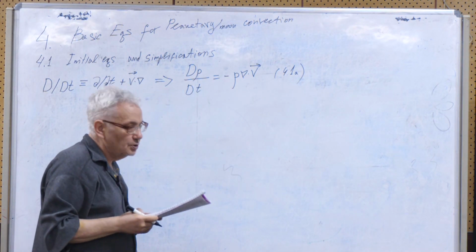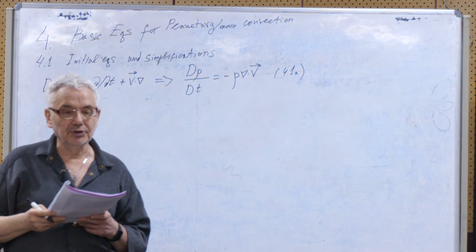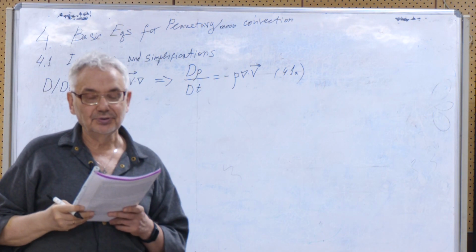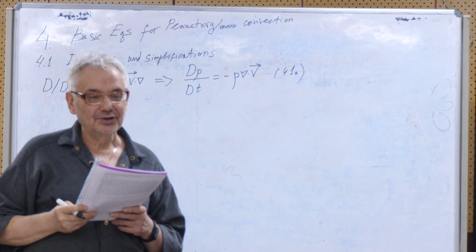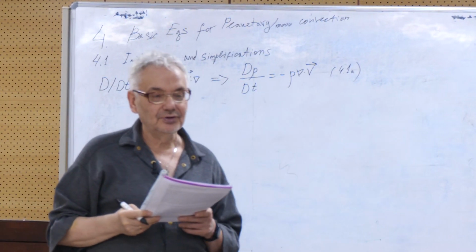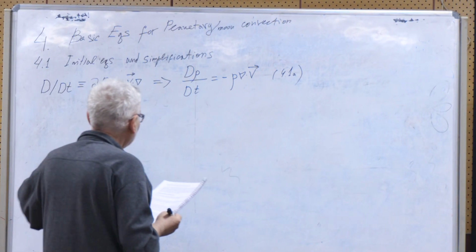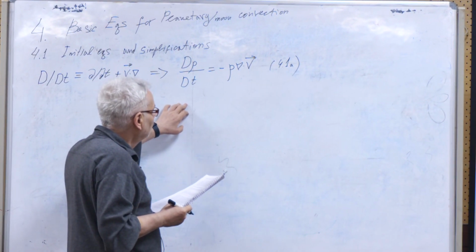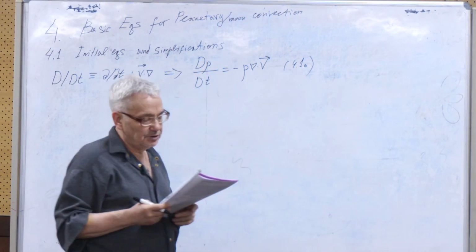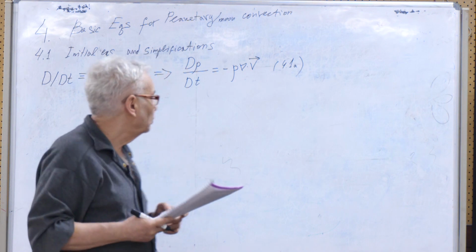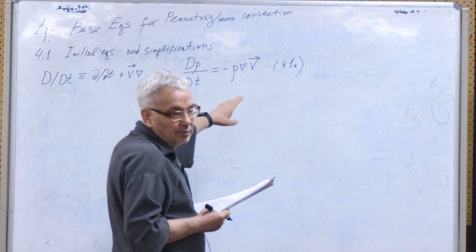And of course, everybody knows which equation we will write down next. What do you think? The next equation, of course, will be the Navier-Stokes equation, no doubt. But more precisely, the Navier-Stokes equation includes the continuity equation as well.